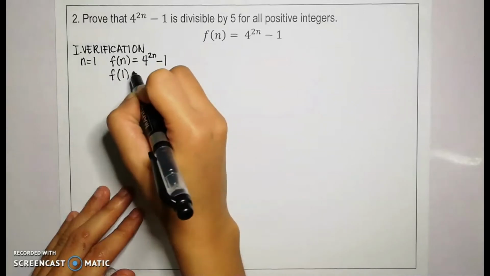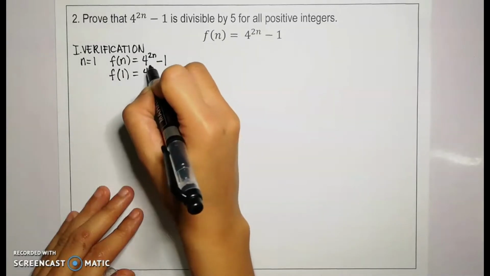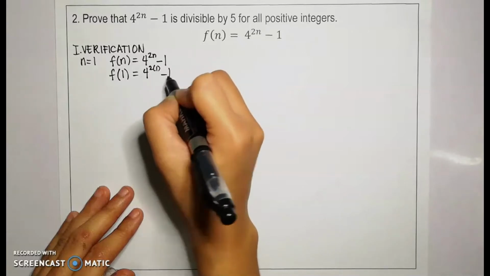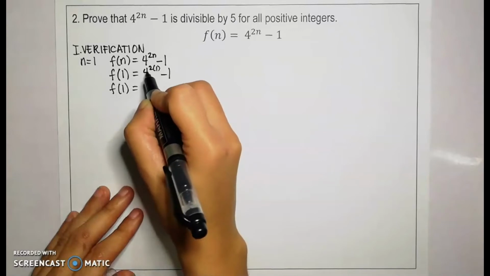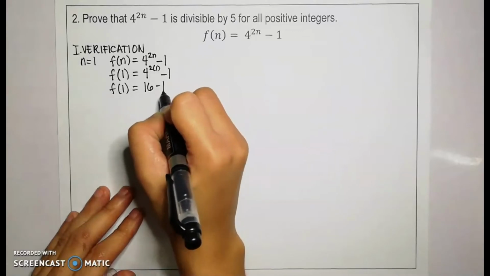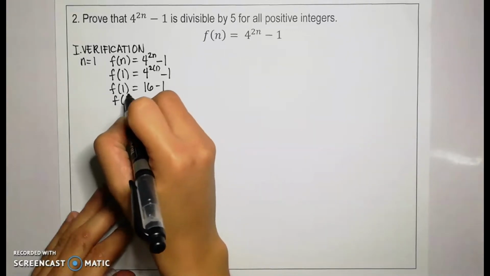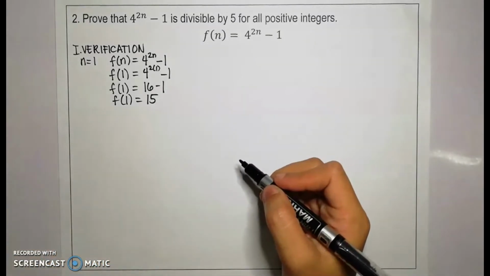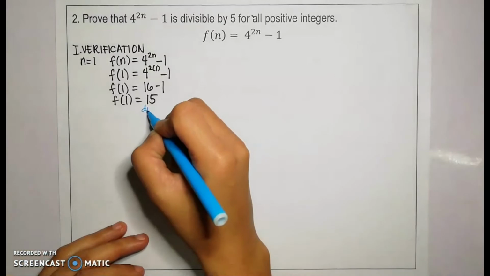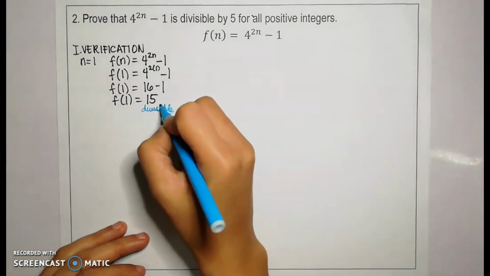Replace n with 1, so we have f of 1 equals 4 raised to 2 times 1 minus 1. So f of 1 is equal to 4 squared, which is 16. 16 minus 1 is equal to 15. And as we all know, 15 is divisible by 5.